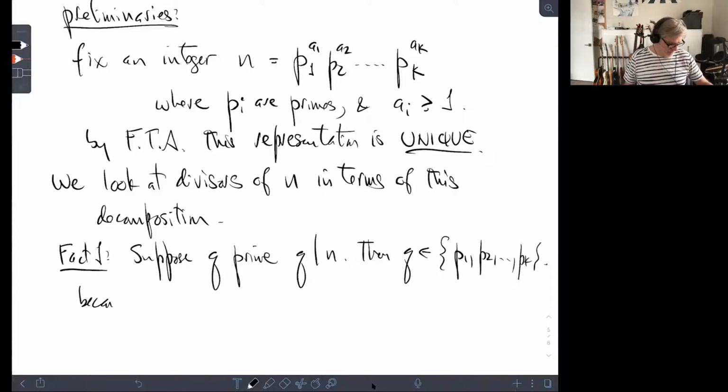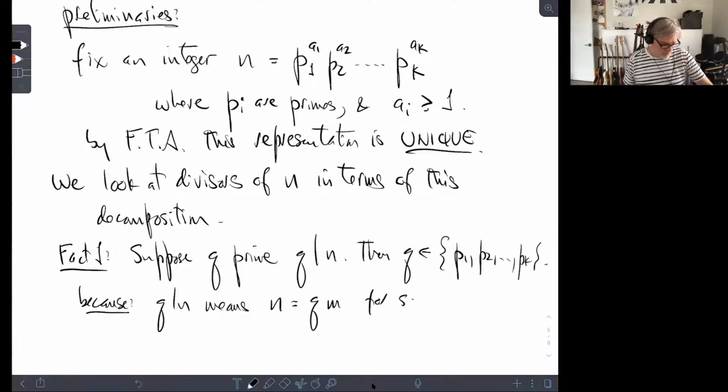So if Q divides n, what does it mean? Q divides n means that I can write n equals Q times m for some other integer. I repeat once again, don't use fractions.